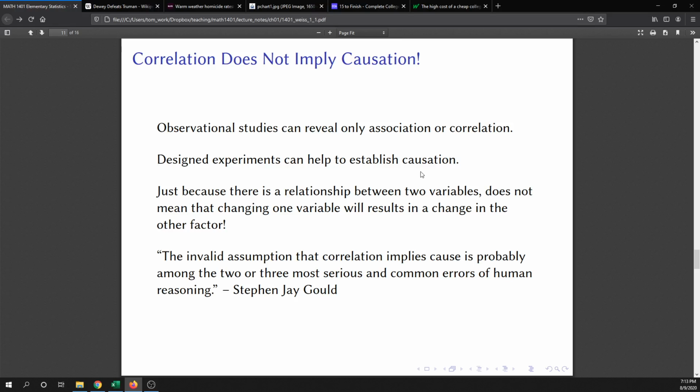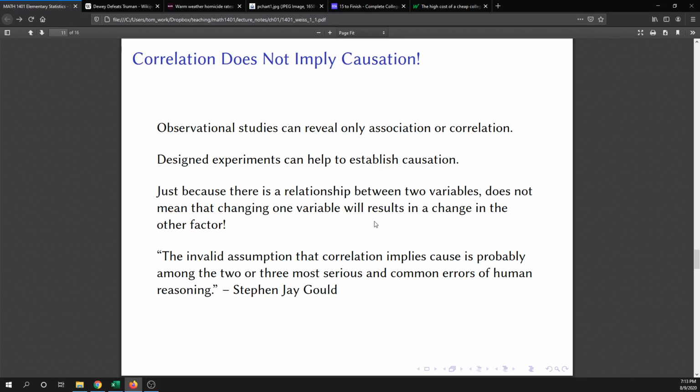All right. One conclusion that you see people jump to over and over again is that just because there's a relationship between two variables, that means changing one of the variables will result in changes in the other. Just because there's a correlation, some relationship, does not mean that one thing causes the other, as in the case of the vasectomy study.